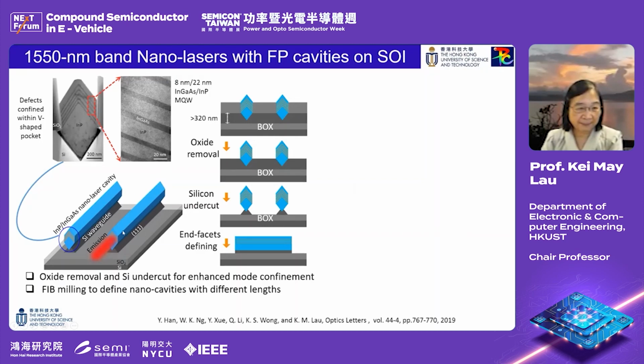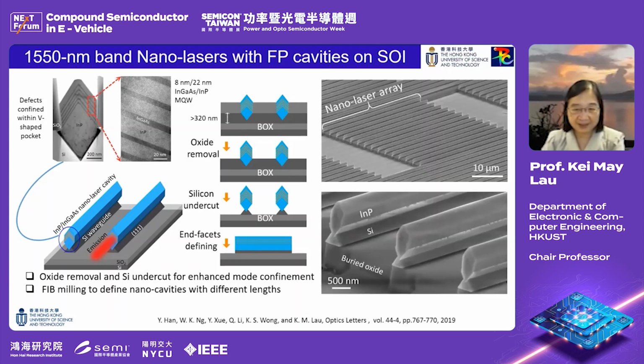this concept. And this Fabry-Perot cavity that we are talking about is not the conventional 1 millimeter size. It's in the micron size. And these are the 20 micron, 30 micron, and some of the short ones are 12 micron.